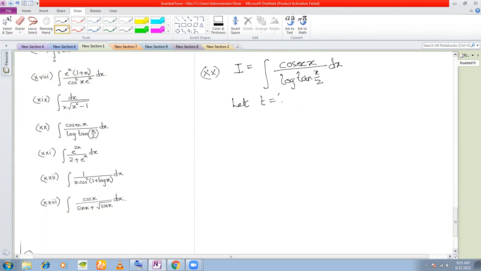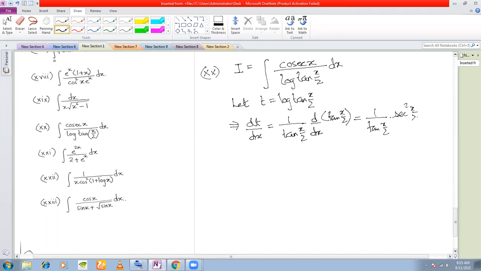So you put t is equal to log tan x by 2. That means you can write dt dx is equal to 1 by tan x by 2 into d/dx of tan x by 2, which will be 1 by tan x by 2 into sec square x by 2 into d/dx of x by 2, right?